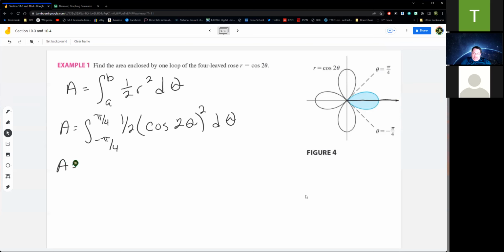So cosine squared of 2 theta. The 1/2 I pulled out, and then the 2 is because I cut it in half. I'm only looking at half of it, so I have to double the area that I get.